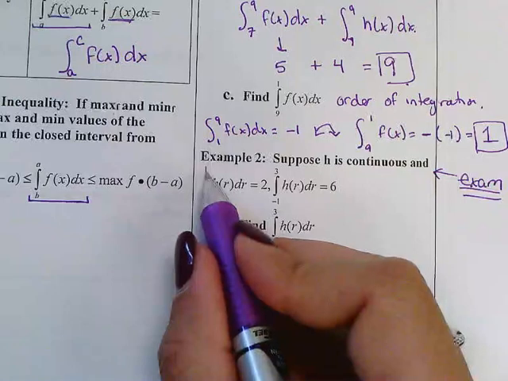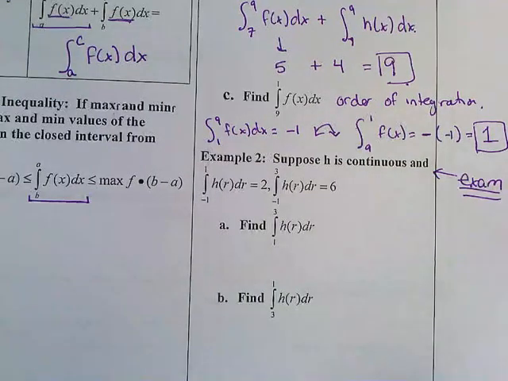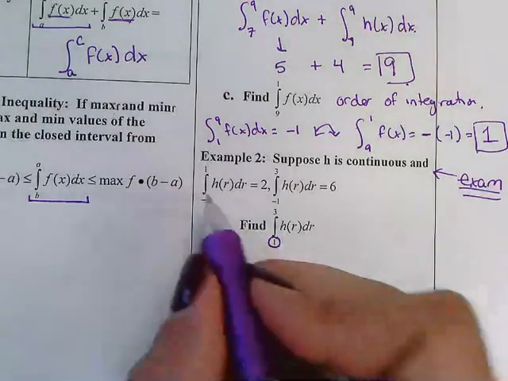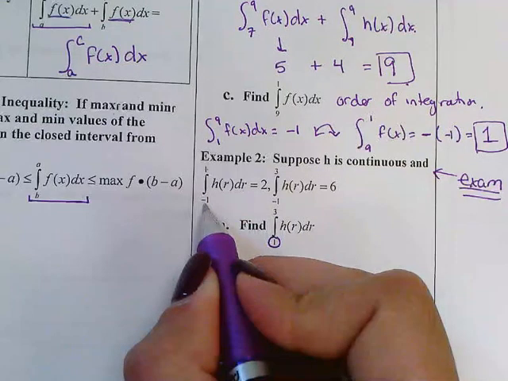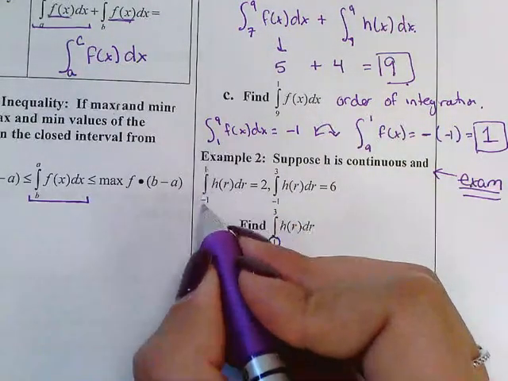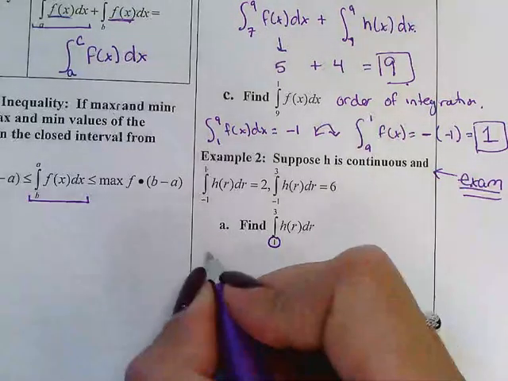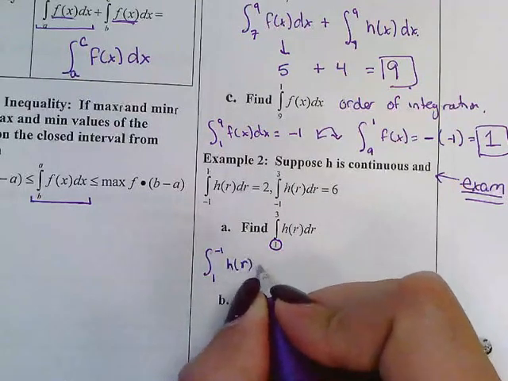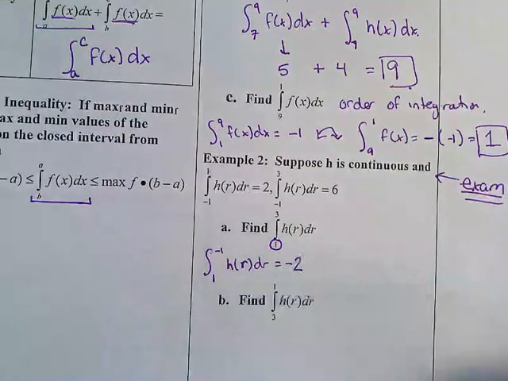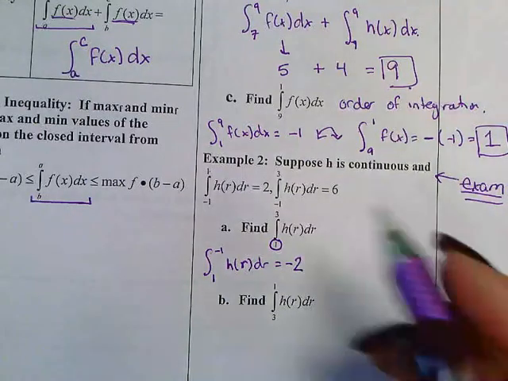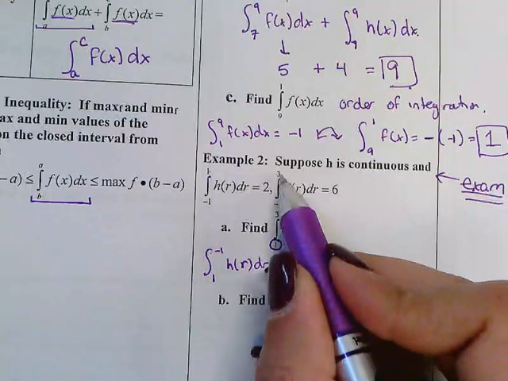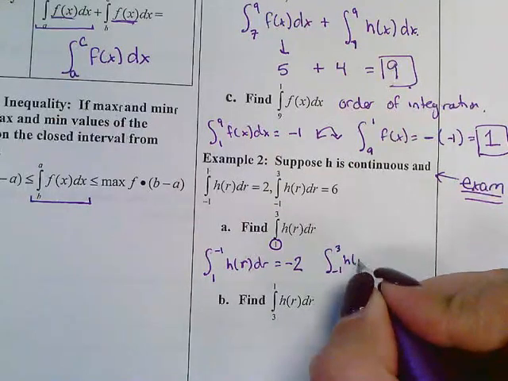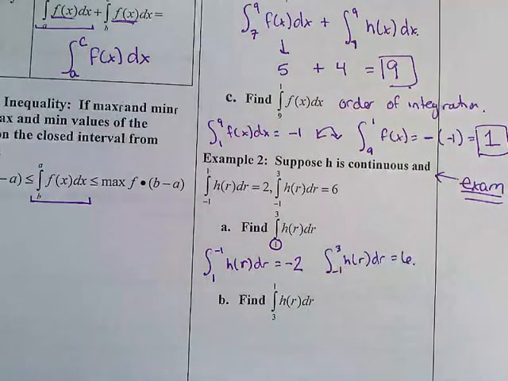I mean, you can kind of see where 1 and 3 are, but there's a few things that you need to do. So first of all, we need the lower bound to be 1. And the only way to get the lower bound here to be 1 is to flip the order of integration. So if I flip the order of integration of h of r dr, this is going to become -2. And now if I take -1 to 3 of h of r dr, it's 6.